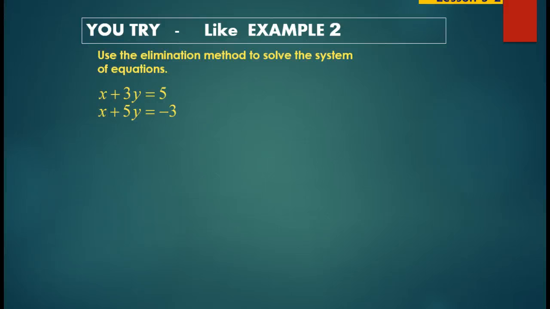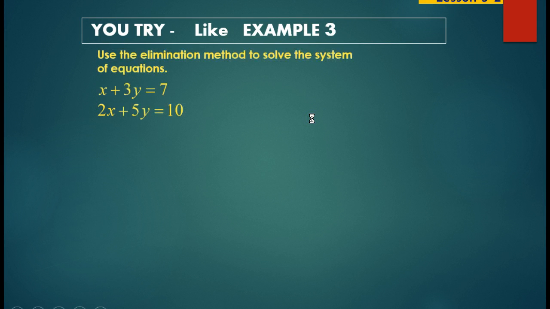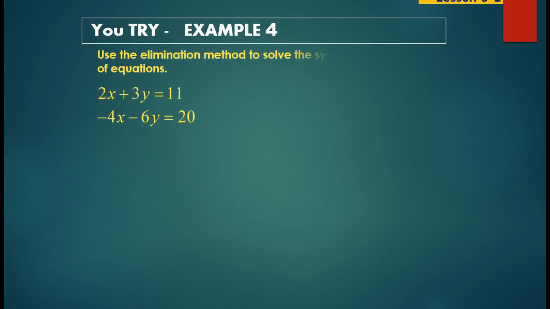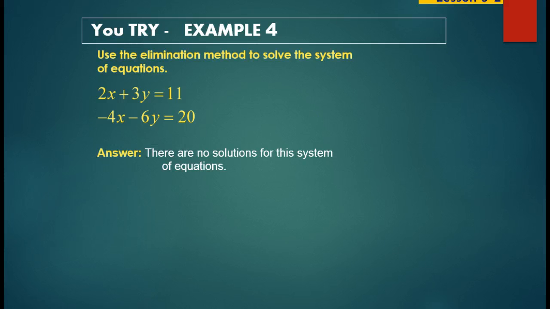I'm not going to pause now, but you hit the pause button. The answer for this one you should get is (17, -4). Notice I'm referencing the example you should look at. Number 3, or the one like example 3, you should get (-5, 4). And the one that looks like example 4, you should get no solution.